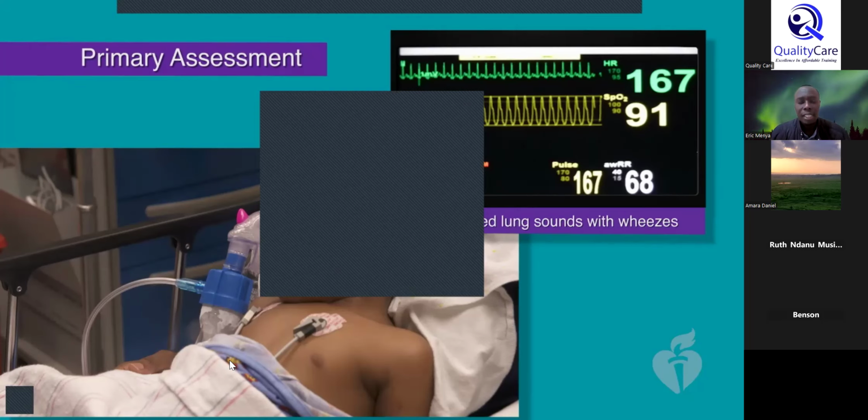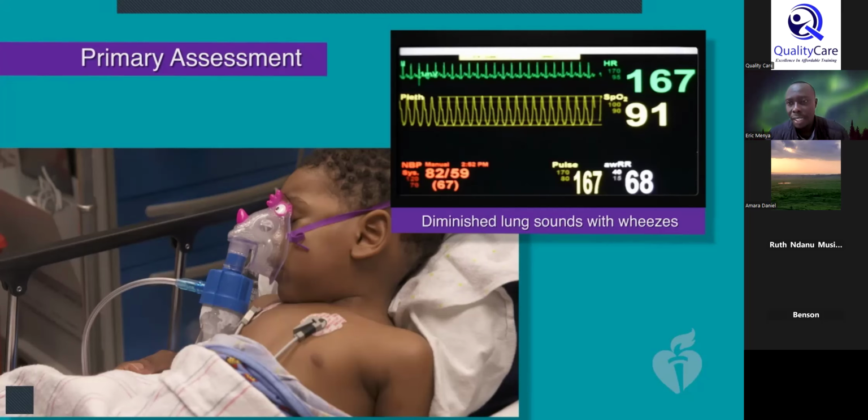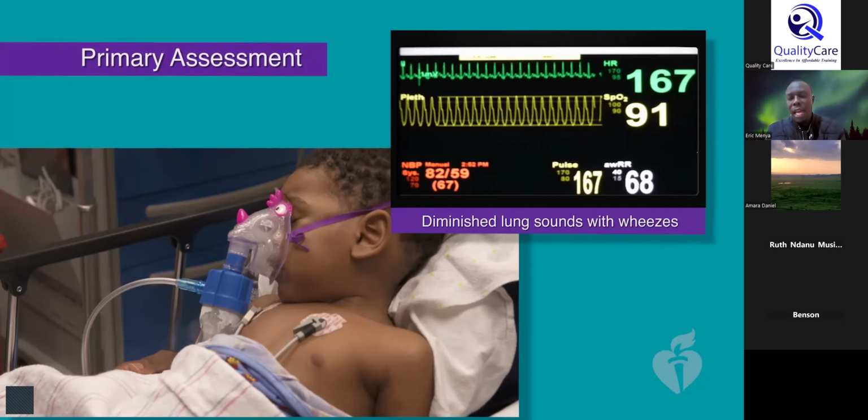So breathing is tachypneic. What else do we assess at breathing? We have to do a full respiratory exam together with the SpO2. We check rate, rhythm is regular, quality there's wheezing, depth is shallow because of the rate, and then effort, there's increased effort. Saturations are at 91%, assuming this child is being nebulized with oxygen.